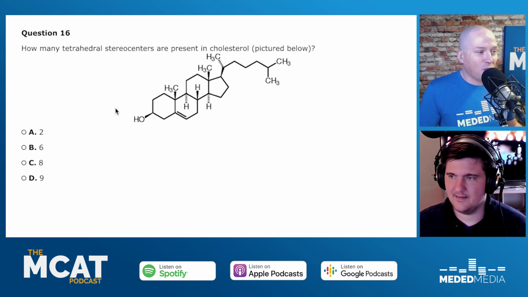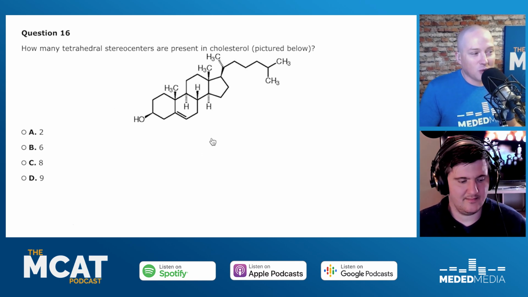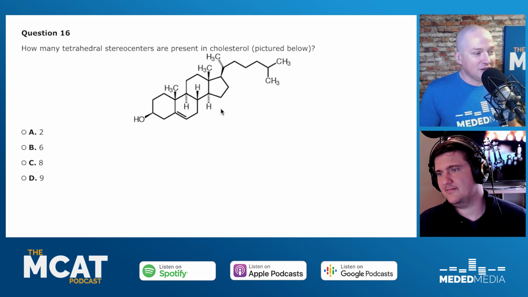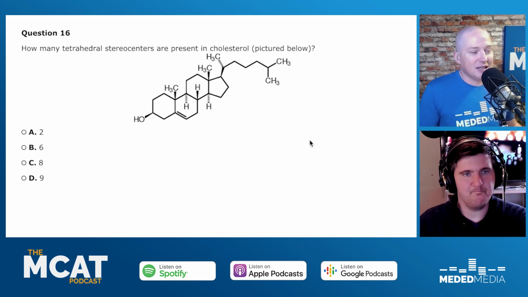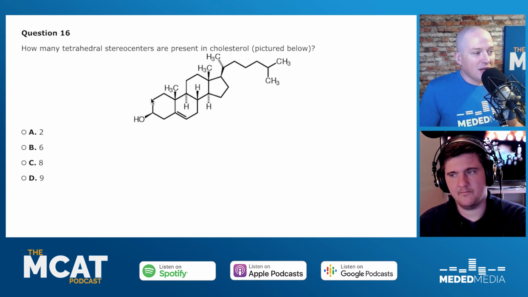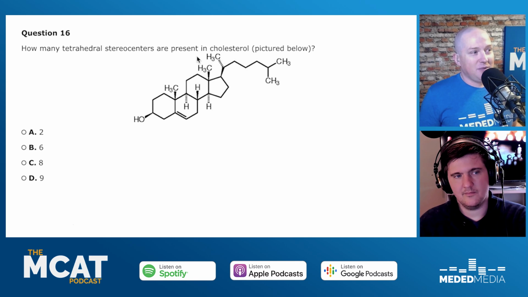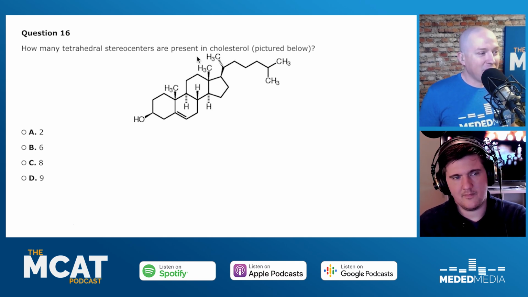So tetra is 4, so something that has 4 connections to something else. And the definition of stereocenter, to me, means is it the same on all sides? Is that what that means?